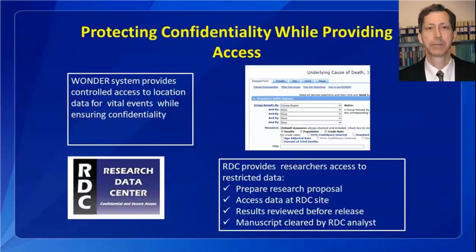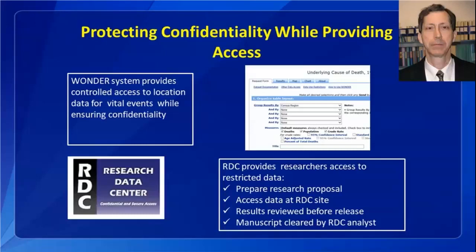The second is they access the data at the RDC site. And by access, what I mean is they have prepared typically a computer program to analyze the data. They are able to run the program, but what they get to see is not data on the individuals. Instead, what they get to see is the results of the analysis program.